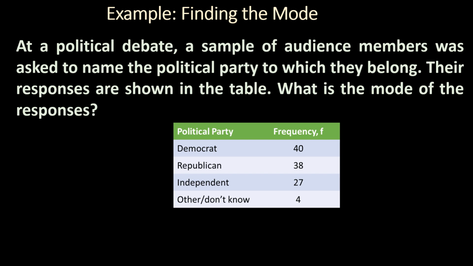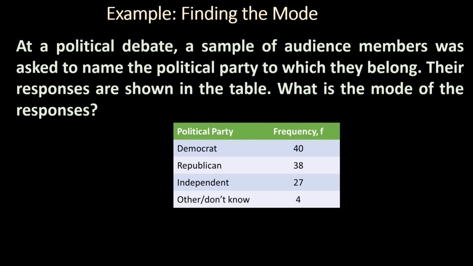What is the frequency? As an example, take the Democrat. There are 40 people. It means 40 people are in the Democrat Party. The Republican, 38. So that is the frequency. Number of Democrat, number of Republican, number of Independent, or number of other don't know. There are 4 of them.